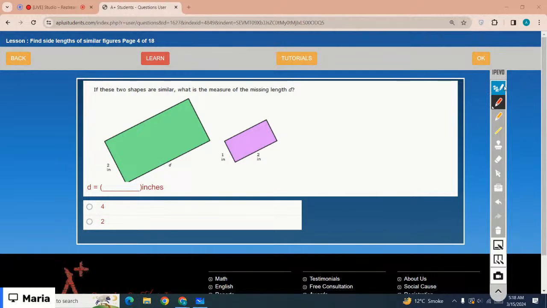Yes, that is measure. Okay, if these two shapes are similar, what is the measure of the missing length D? You have to find the side length of D. So form a proportion: 2 divided by 1 equals D divided by 2.